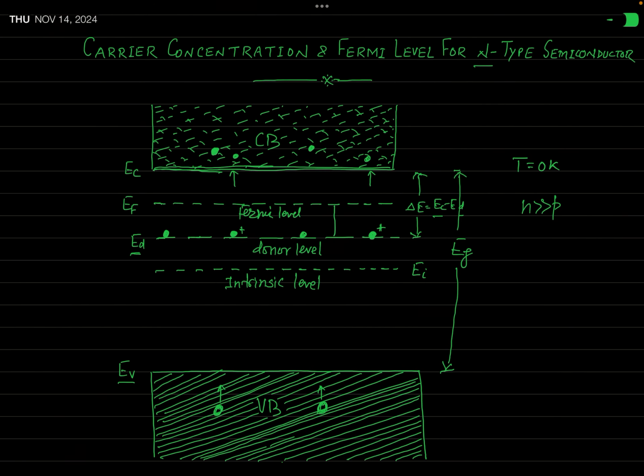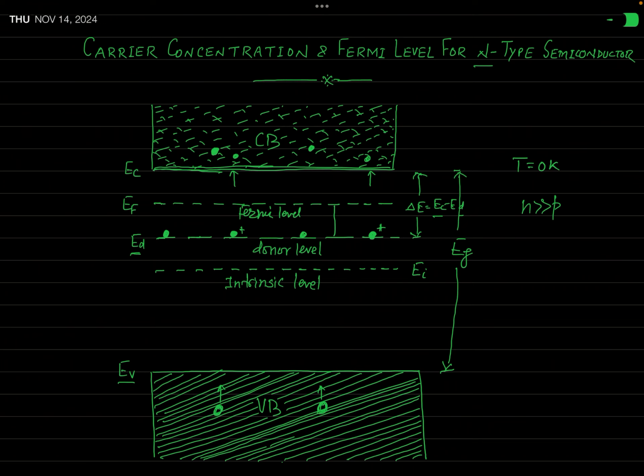As you know, when temperature is slightly raised from 0 Kelvin, some of the donor atoms get ionized. Their fifth electron moves to the conduction band, and after losing the extra fifth electron, the atoms become positively charged ions.